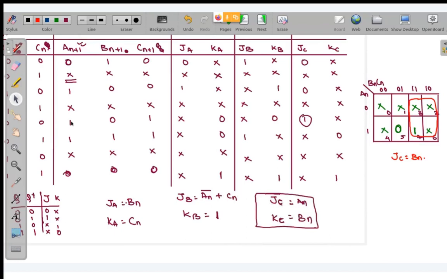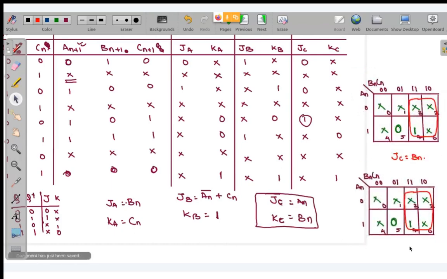Now similarly you need to make it for KC.